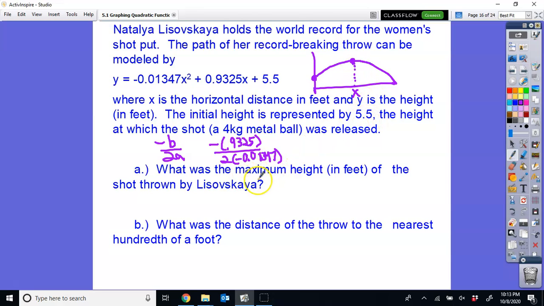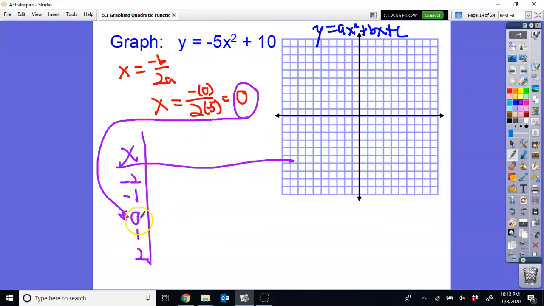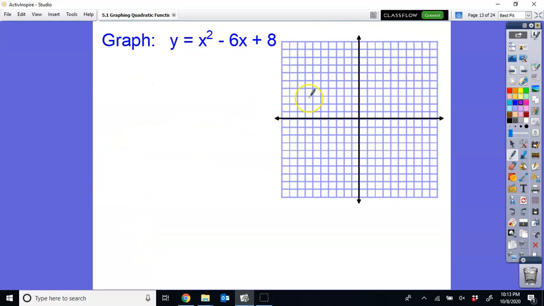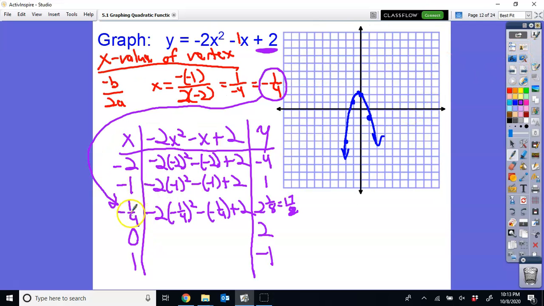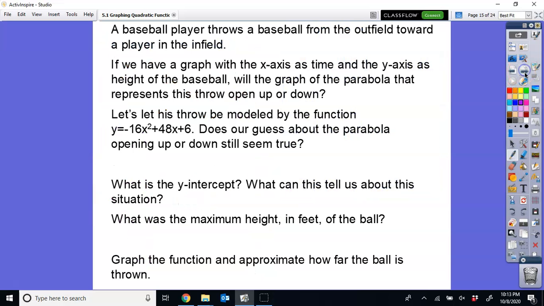If I want to find the maximum height of the ball, the shot put, I would find the y value by plugging in the x. Just like we did in the table of values, we plugged in the x for the vertex. Let me go back, sorry. Plugged in the x for the vertex to get the y. So it finds that top point, or that maximum point.